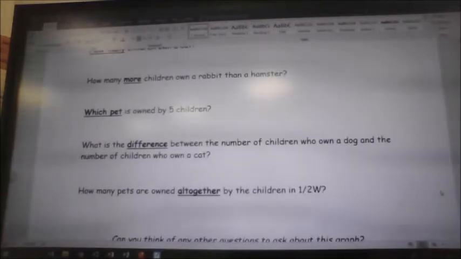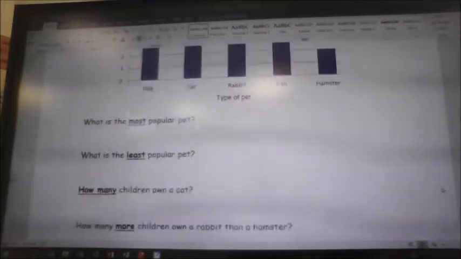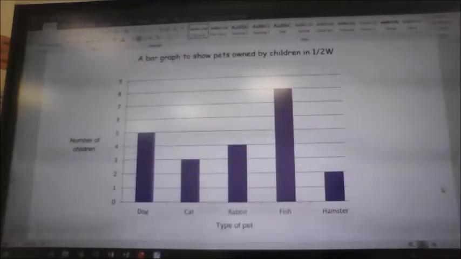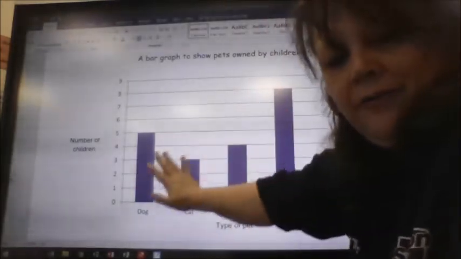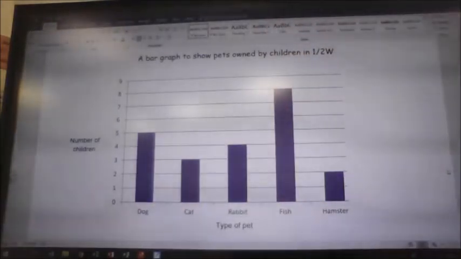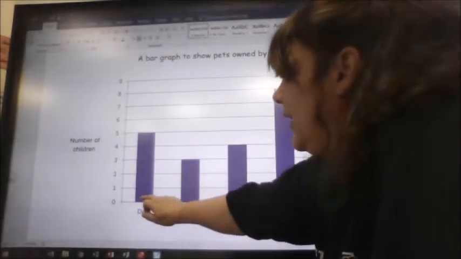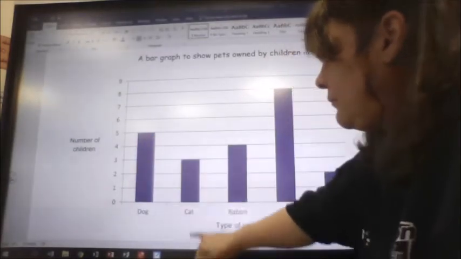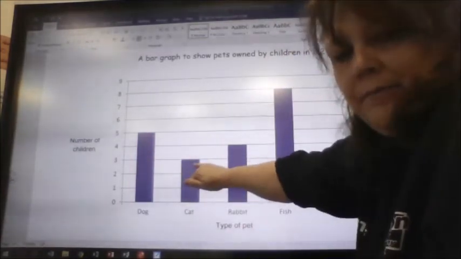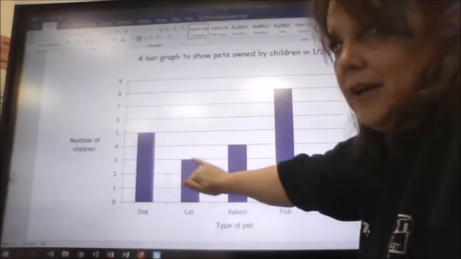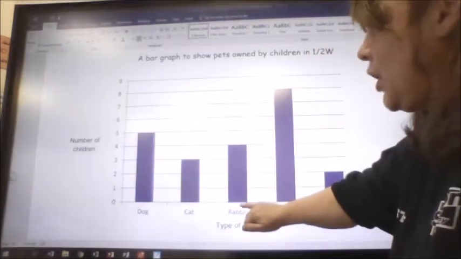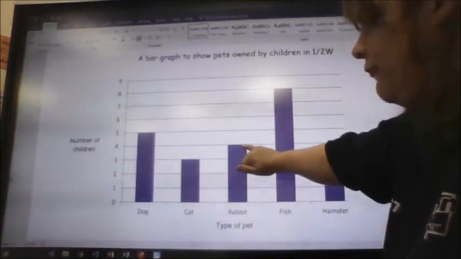And then finally, how many pets are owned all together? So when you say all together, it means that you've got to add up all the information on your chart. So I would be adding 5, add 3. So I've got 8 there. 5 add 3 is 8. Plus I've got another 4.